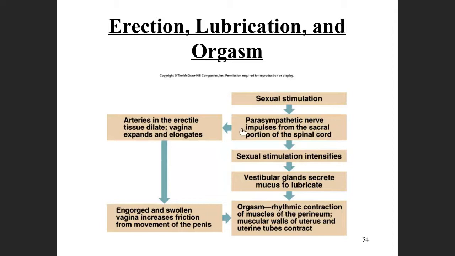And the erectile tissues, the clitoris, will get dilated because of relaxation of the blood vessels, and then continuous stimulation will lead to orgasm, which is basically rhythmic contraction, and this is mediated by the sympathetic nervous system.